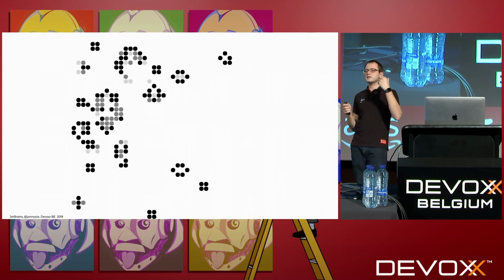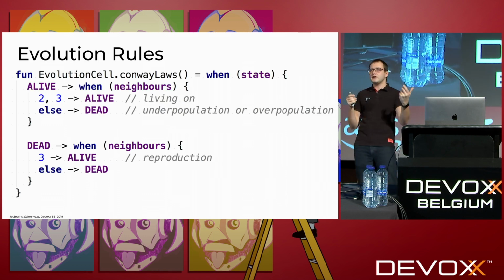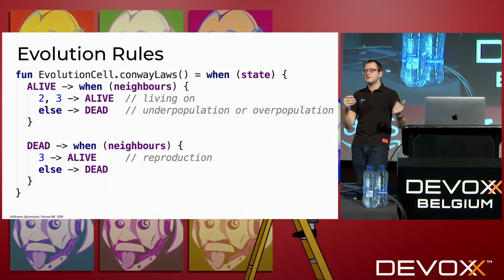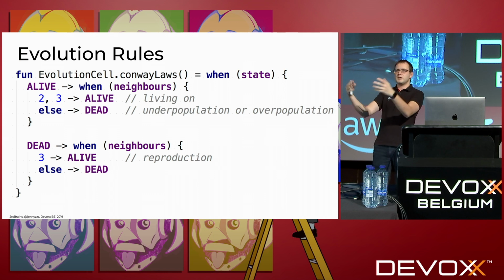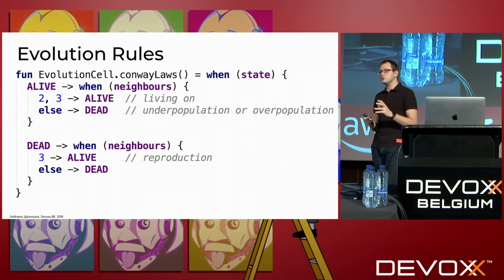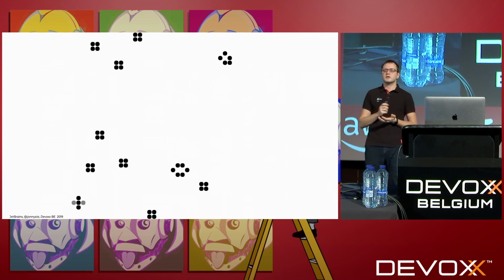One color is an alive cell, the second color is a dead cell. The cell stays alive if it has two or three alive neighbors, and otherwise it's dead. And a dead cell can become alive if it has three alive neighbors. That's all. These rules are enough to define this interesting behavior.